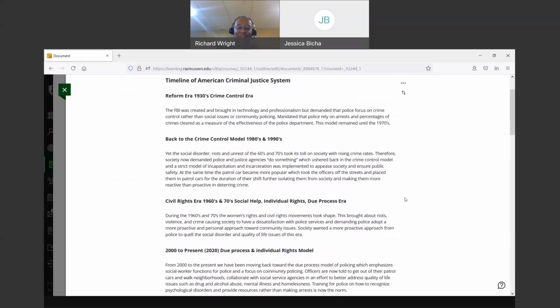And you will discover that as time went on, there were more rights that were established for individuals based on the way that the Constitution was interpreted, such as the Fourth Amendment. The Fourth Amendment is an amendment that has to do with search and seizure.